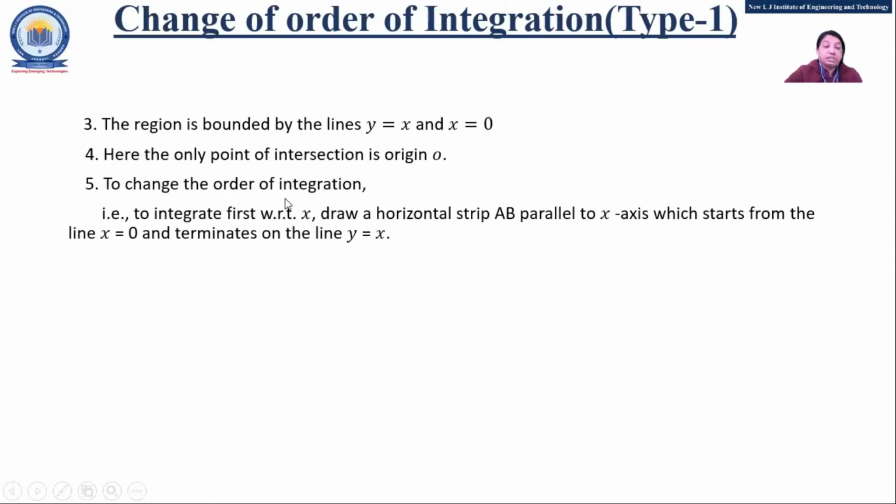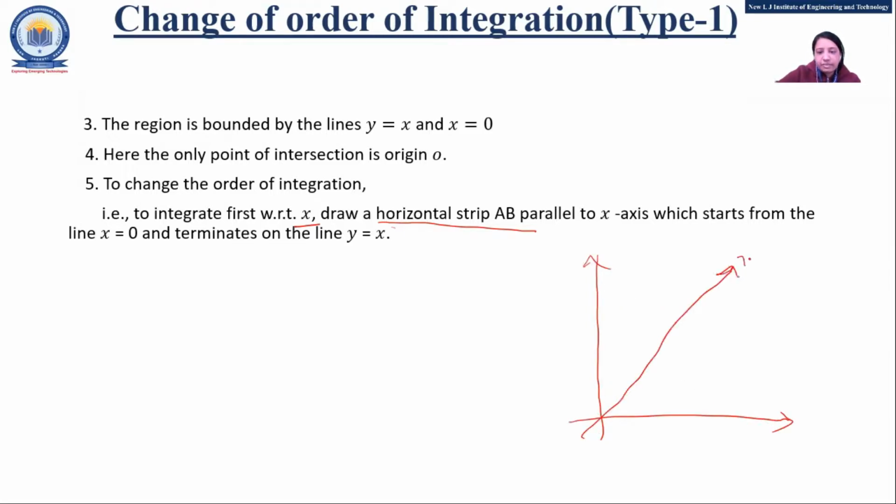Before that it is with respect to y, so now we need to change it with respect to x. To do that we need to draw a horizontal line. Our line is the same, y equal to x. This is my x-axis and this is my y-axis.